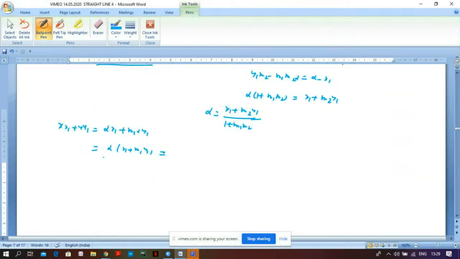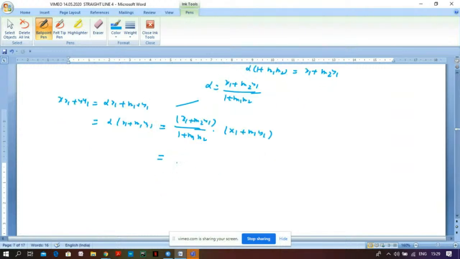Now alpha is known to me from here. So I can write (x1 plus m2 y1) over (1 plus m1 m2) times (x1 plus m1 y1).